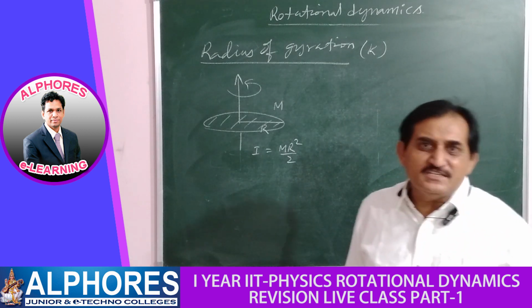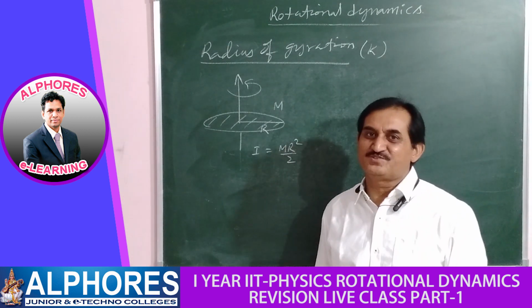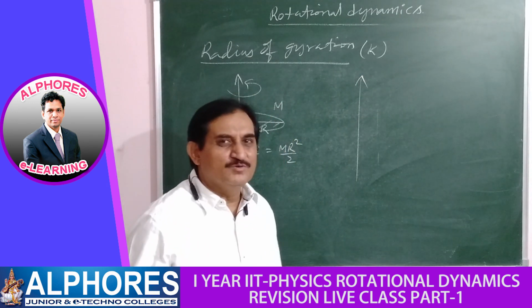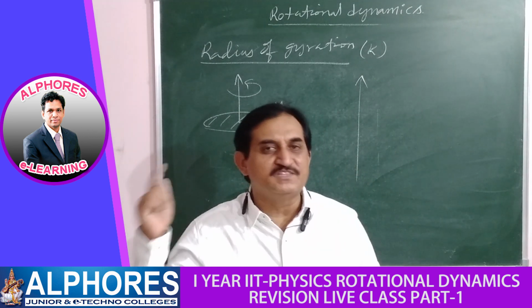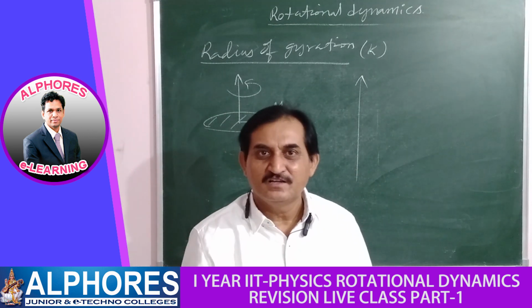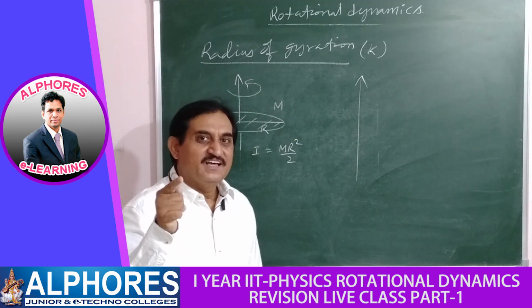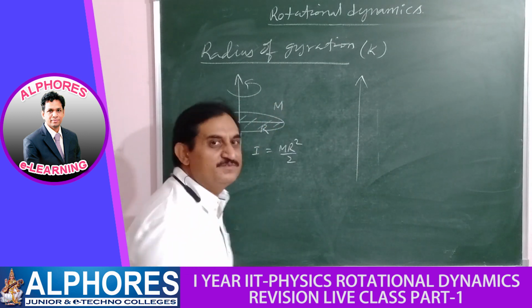So this disc is totally converted into a point mass. Then this point mass is to be rotated about the same fixed axis at a distance so as to have the same moment of inertia as that of this disc.